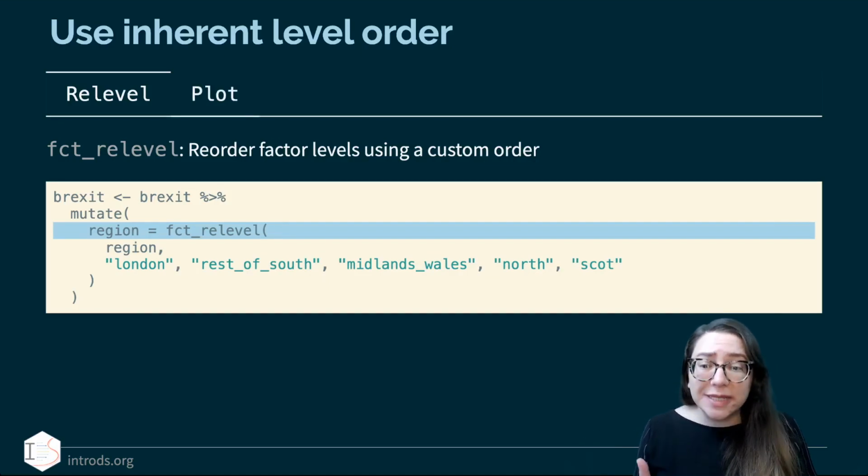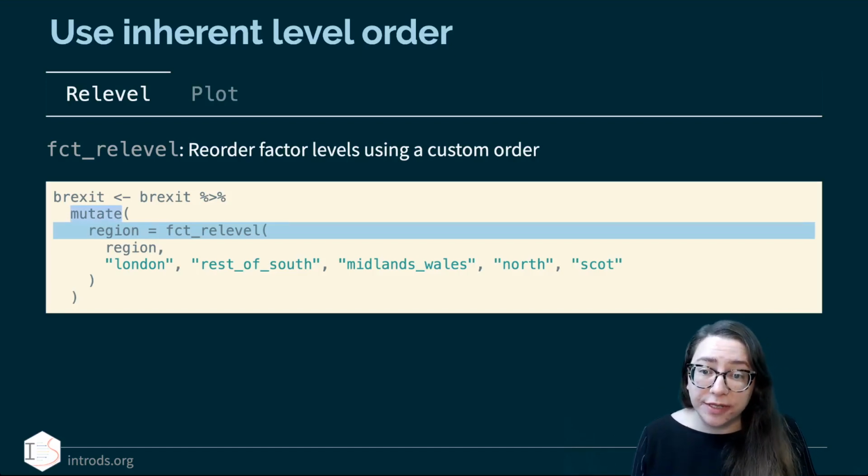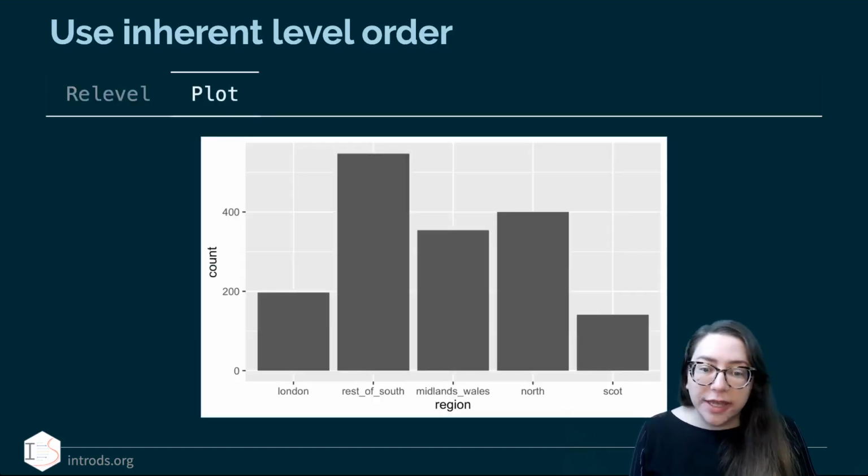So once I change this variable using the mutate function, so I write over the region variable so that my levels can be ordered in this way, the bars are now ordered in that same order. So I don't have to do anything additional when I'm making my visualization, because I've already re-leveled the categorical variable.